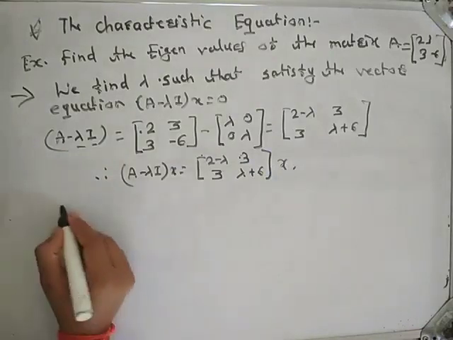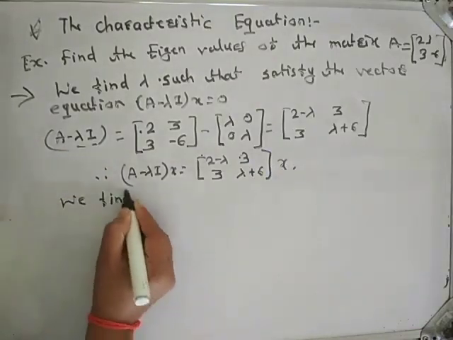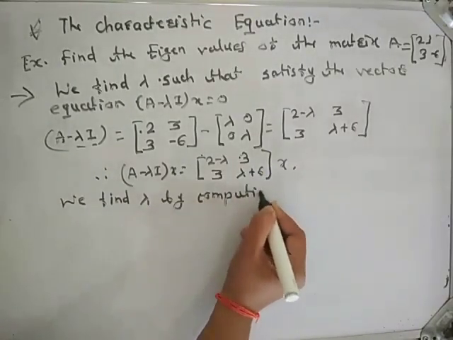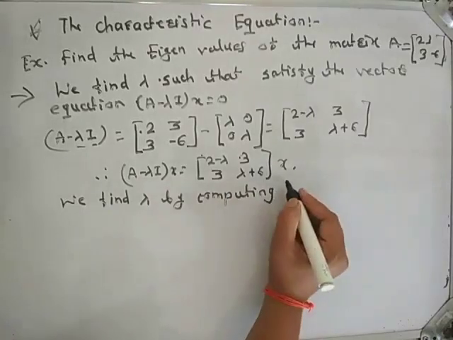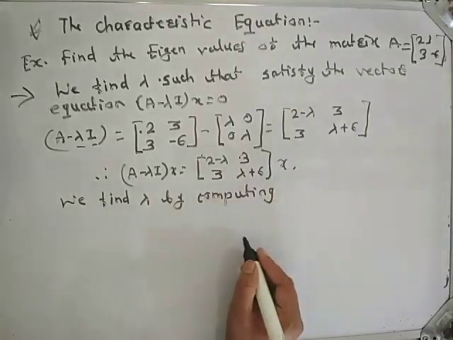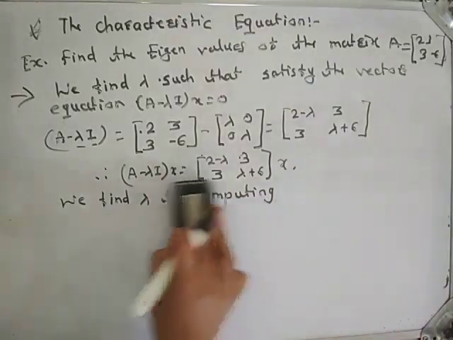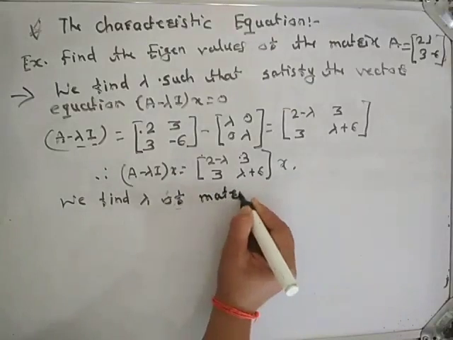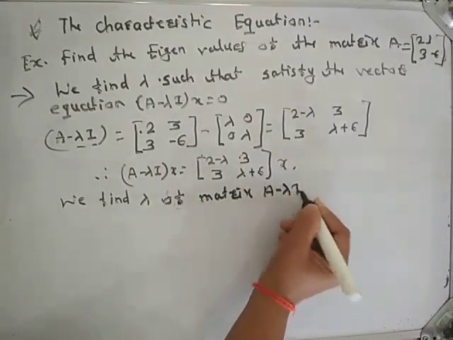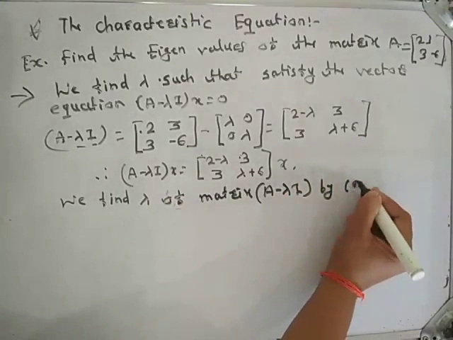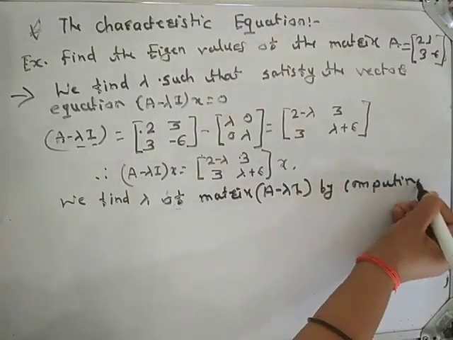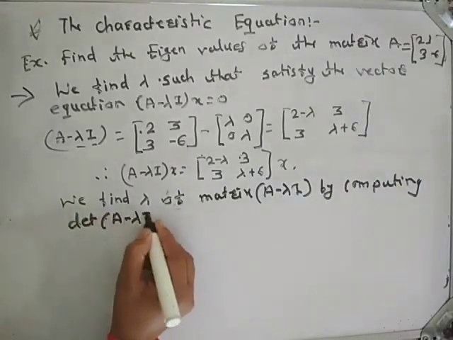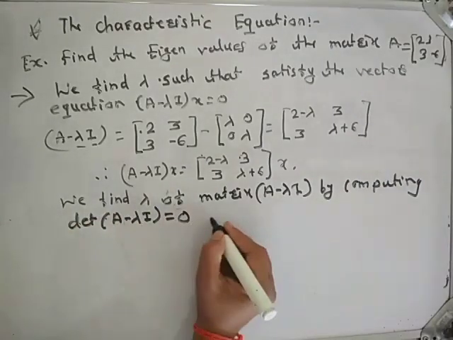We find lambda by computing the determinant of A - lambda I equal to 0.